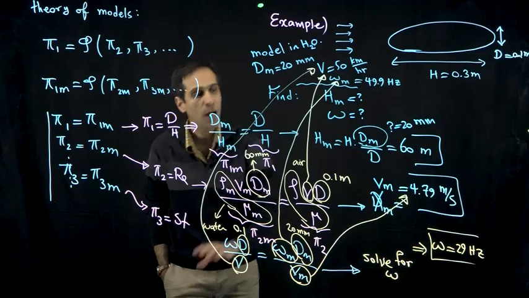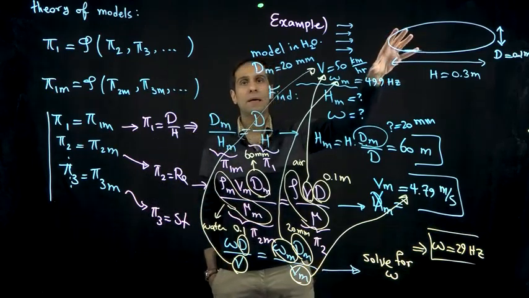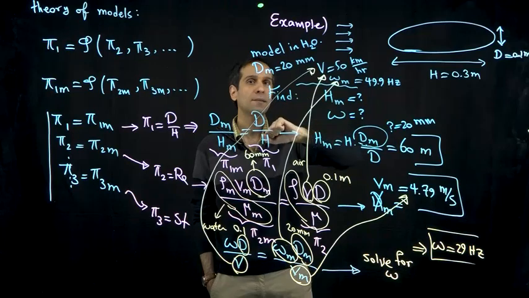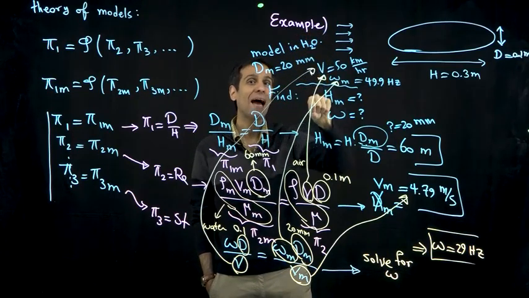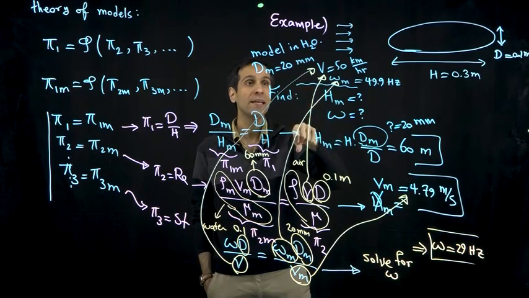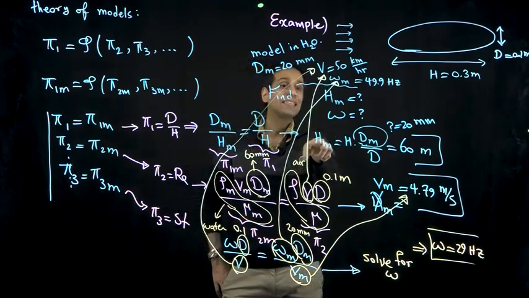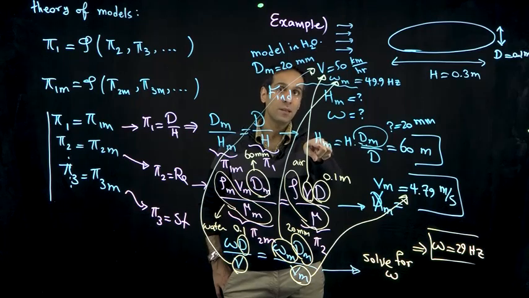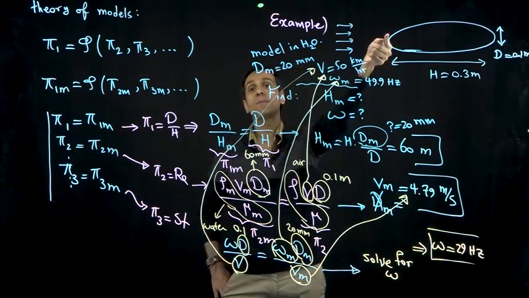If I want to summarize this example, a real problem is given in the air. I want to model it in the lab in water instead of air. I need to know the dimension of the model, and then also I need to find the frequency of the real problem.